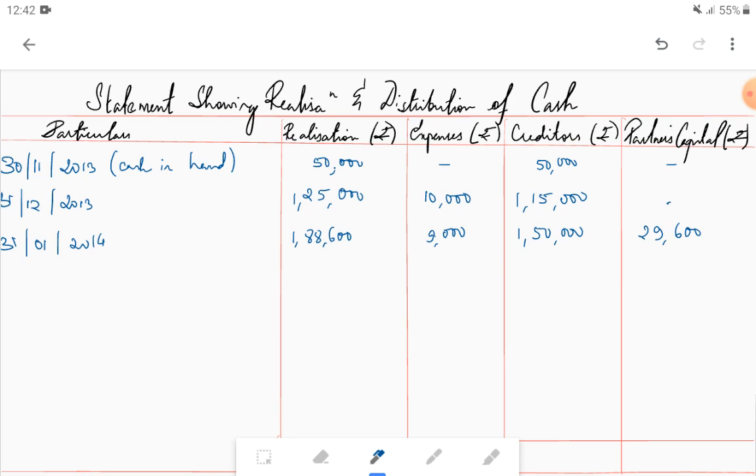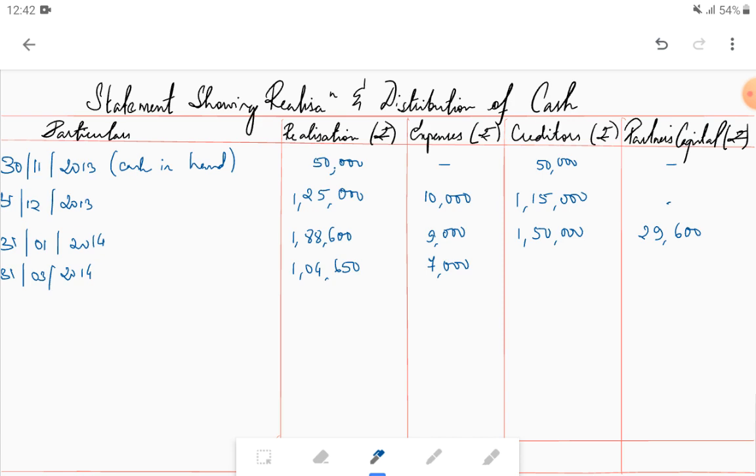Then we're moving to the next date, which is 31st of March 2014. As on that date, you're having inflow of cash worth rupees 1,04,650. And expenses on that date are rupees 7,000.